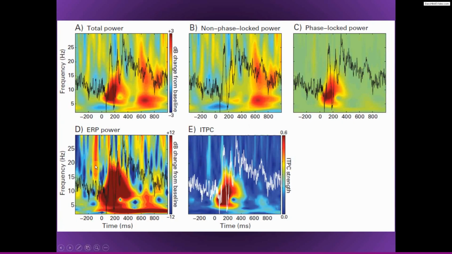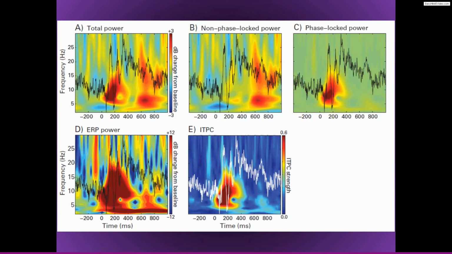This is actually the time frequency decomposition of the ERP, so not of the single trials, but first average the trials together in the time domain and then take the time frequency decomposition, and that's what you see in this plot. Here's the intertrial phase clustering, and this tends to map onto the phase locked power most strongly. Okay.